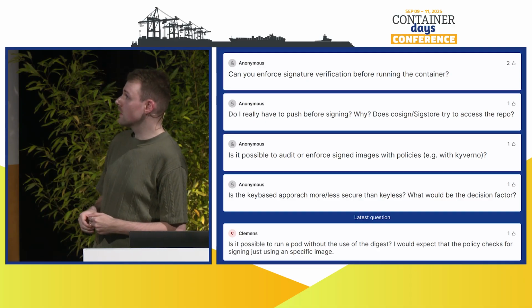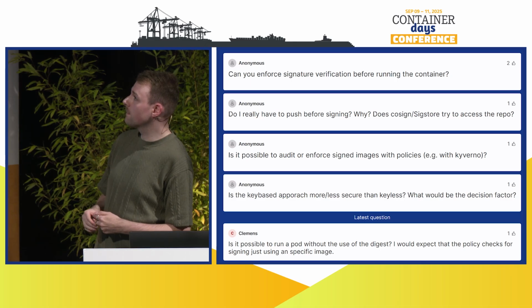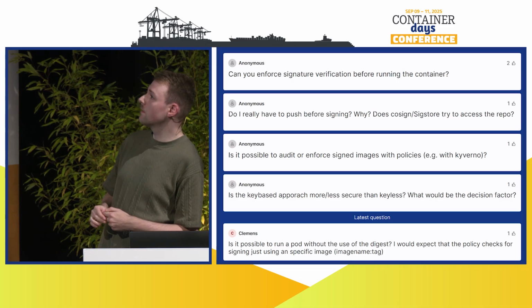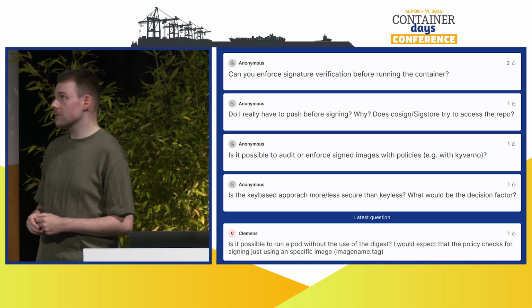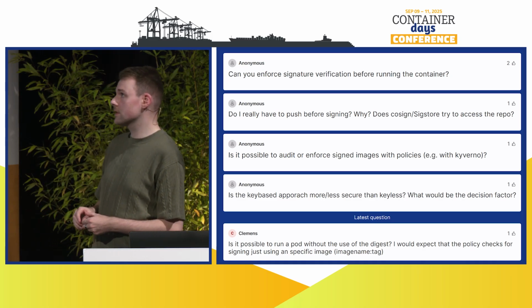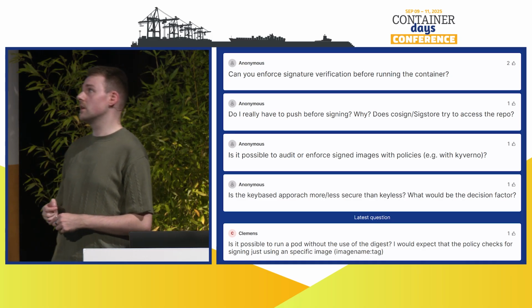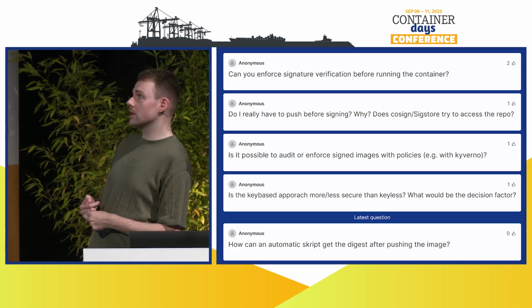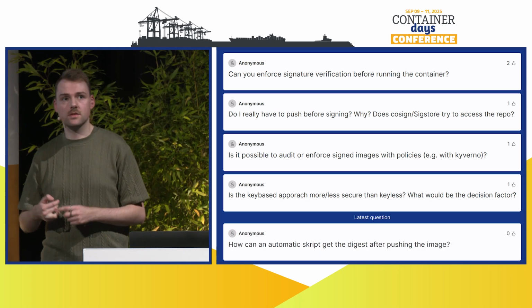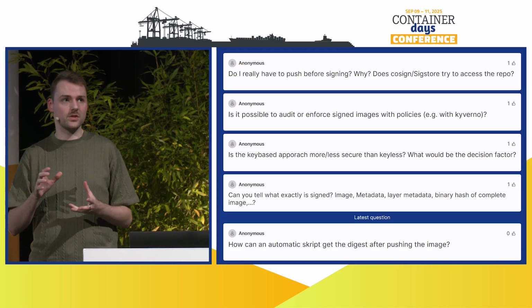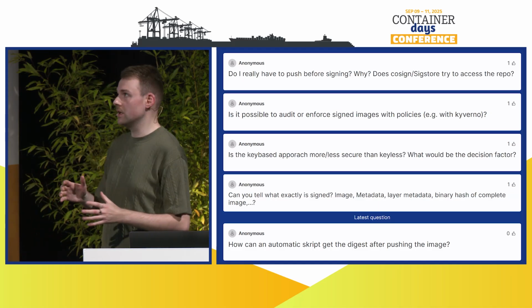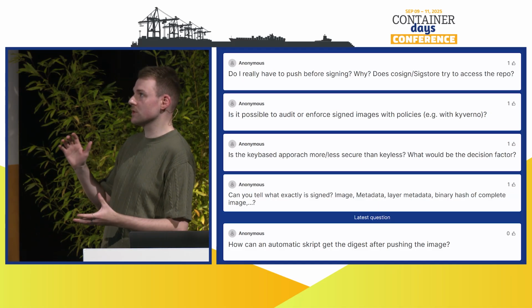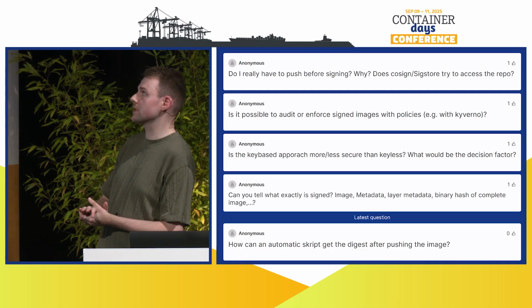Thank you. Do you really have to push before signing? Why does cosign try to access the repository? So yes, you have to push before signing it. Why, to be honest, I am not sure. I mean, it has to be present in the remote registry. It's just a rule and enforcement of cosign itself.